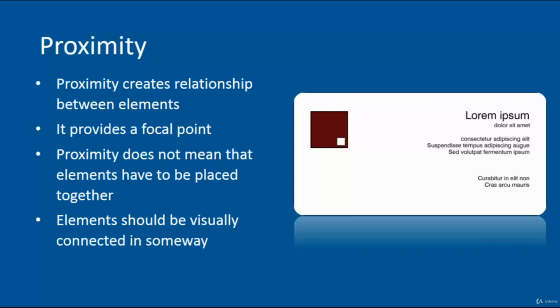Elements should be visually connected in some way. So for example, if I have a box, then there's some text that follows that box. Notice a good example would be your business card, right? So if on a business card you have a logo and then you have some text, and that has an interrelationship, right? It seems synonymous. So proximity is important as far as the principles of designs are concerned.